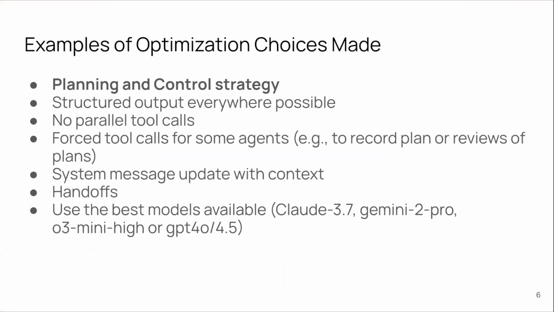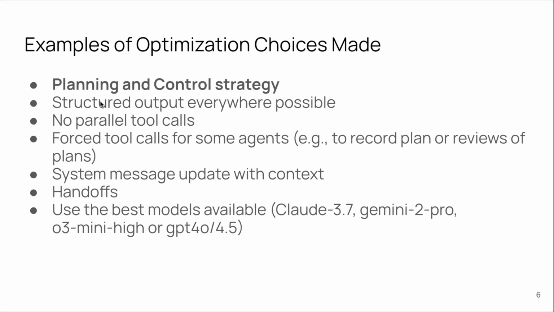Here are some very useful, highly non-trivial lessons to learn from this particular use case. Probably the most important lesson is about the planning and control strategy. It's really not trivial to have multiple agents following a nice plan, because even if we do it in a naive way, maybe we could have a nice plan, but the agents would not always follow it, or the plan itself can be flawed.